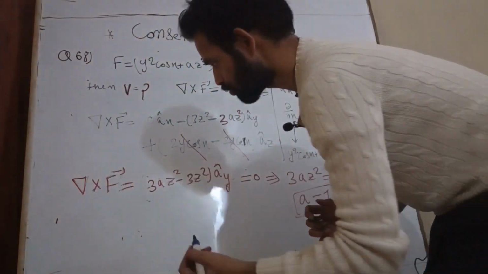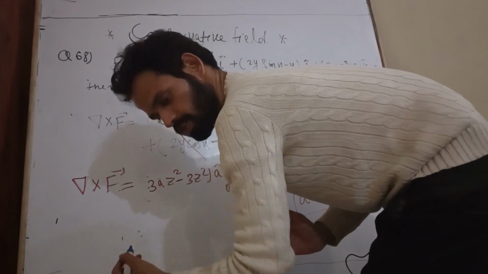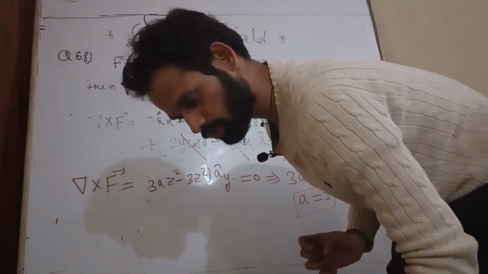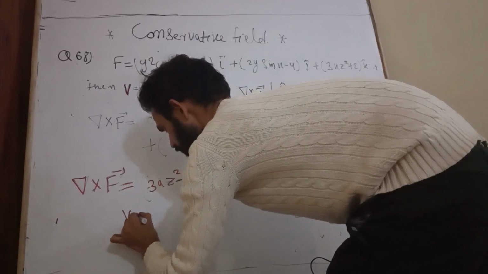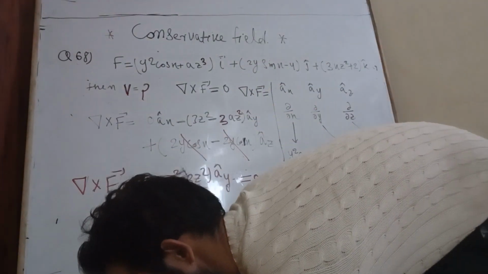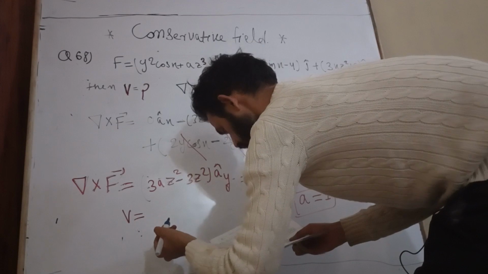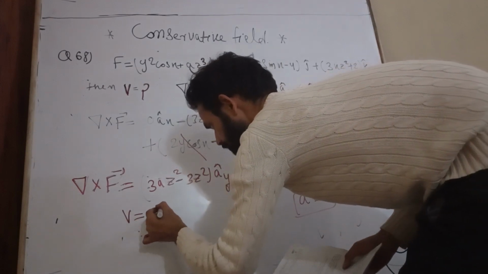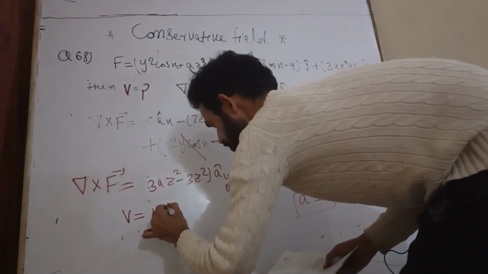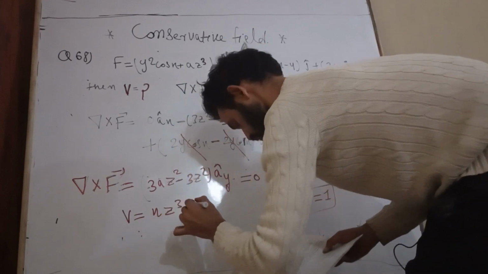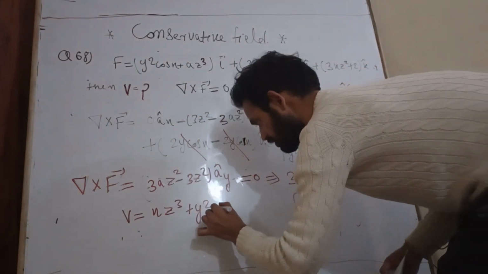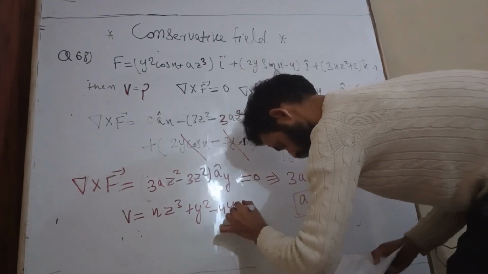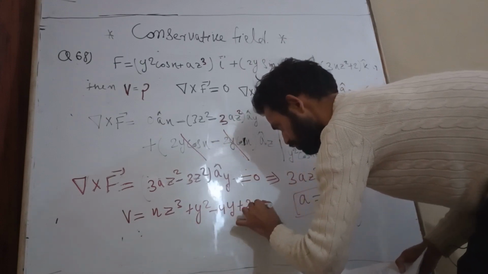And why we choose option B? Because option B is given as xz cube. So let's say V is equal to, if we choose option B, xz cube plus y square minus 4y plus 2z.